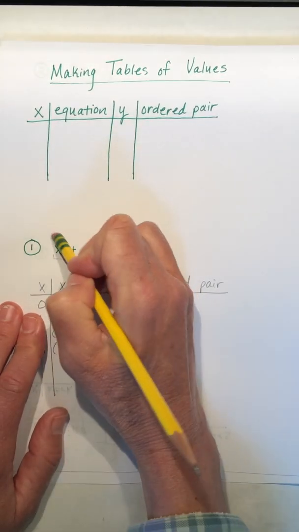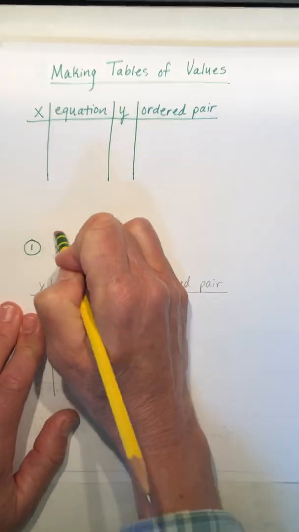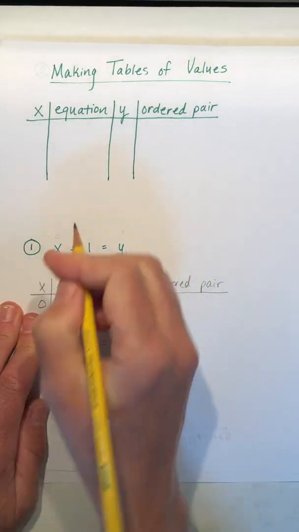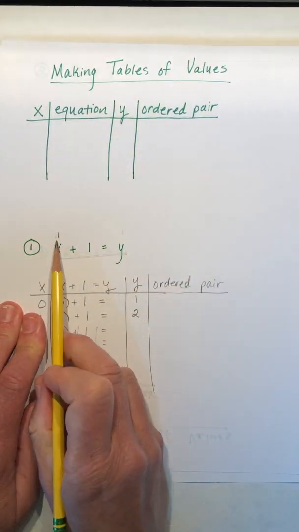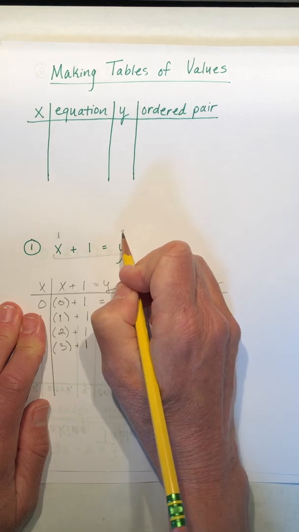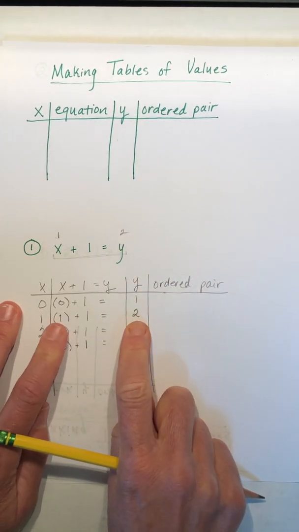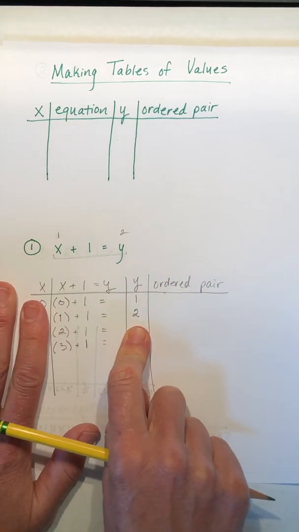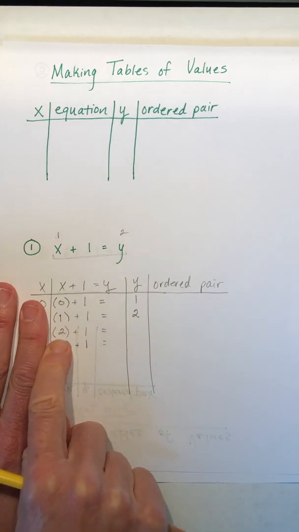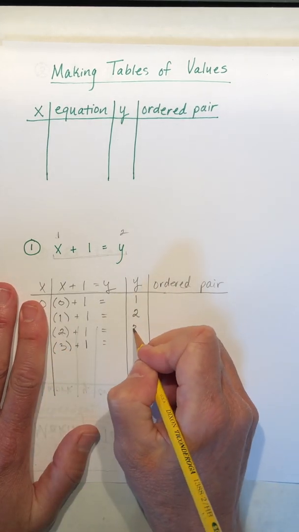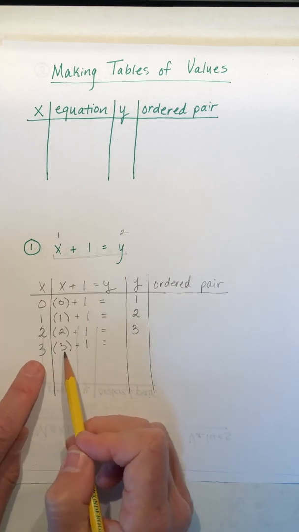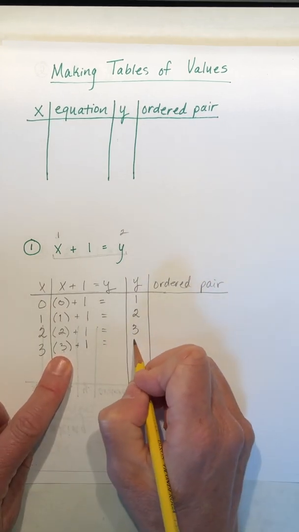Right? Let me show you that up at the top where the equation is again. So when x is 1, 1 plus 1 means y is 2. And there's my 1 and my 2. When x is 2, y would be 3. When x is 3, y would be 4.